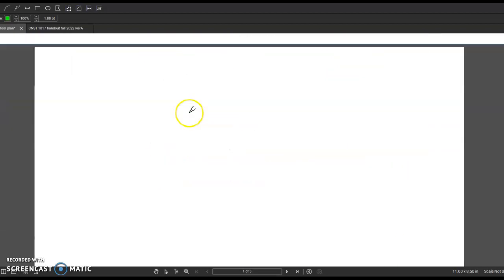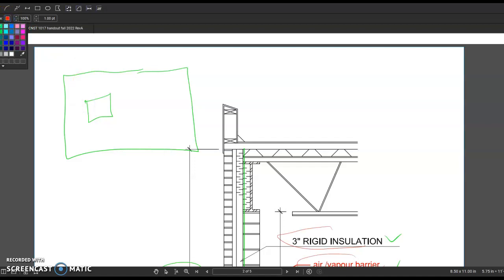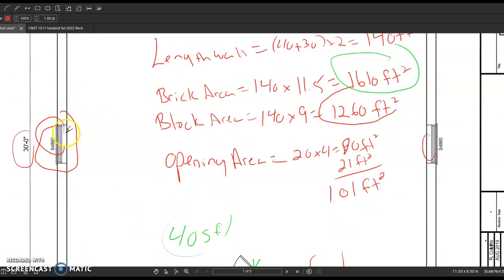Because anywhere there's a break in your wall system, if I drew this out really quickly, if that was my wall and you have your window here, you're still going to have flashing at the bottom. And you're also going to have flashing above your window opening here, so you wouldn't have water coming down in behind your window. So you actually have extra flashing above your windows.